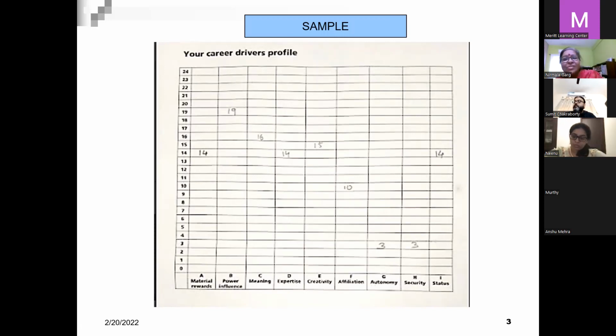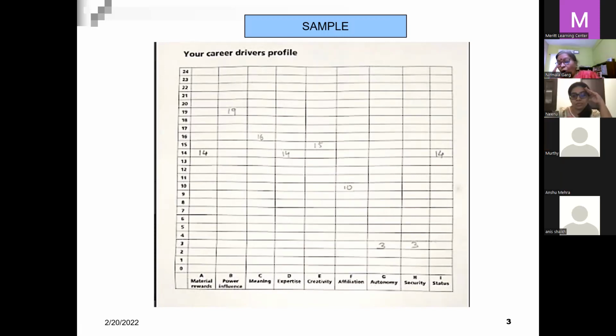Okay, guys, any questions on this? Quick questions. You can go back, look at yourself, and see what is your highest score in which career driver, followed by the next two. Then you can look at how it tallies or matches with where you are right now, and what motives you have, or what motivates you.